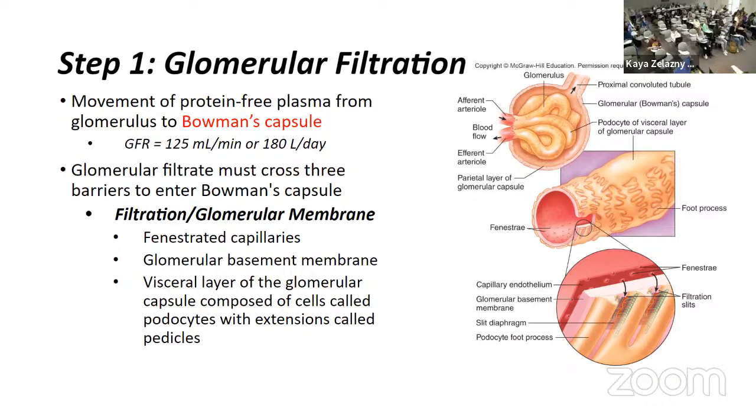Filtration and reabsorption are going to work pretty much the same as when we talked about net filtration pressure and capillaries back in our cardiovascular unit, about what's happening near our tissue, how we have things going back and forth between the tissue. So our first step, glomerular filtration up at the top of our nephron, is going to work that same way.